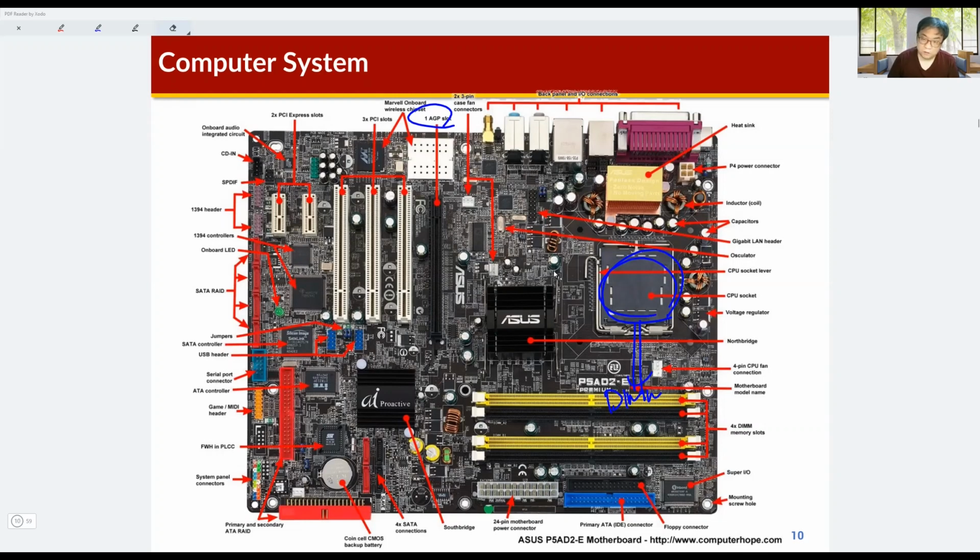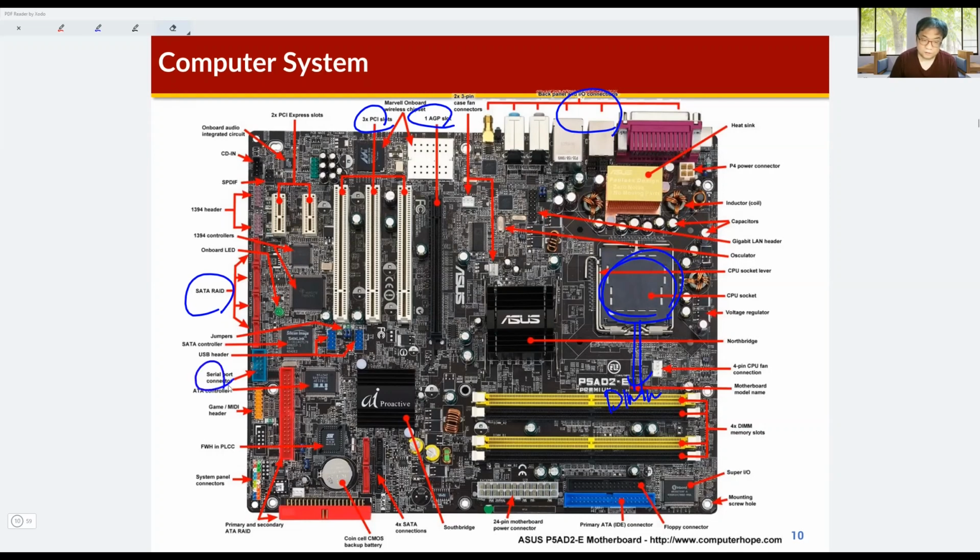Except for this, if you look at this main board, you can find that it has many peripherals, that means many different types of I/O devices. You can find the SATA port, and the PCI slot, and the I/O port for the keyboard and mice.